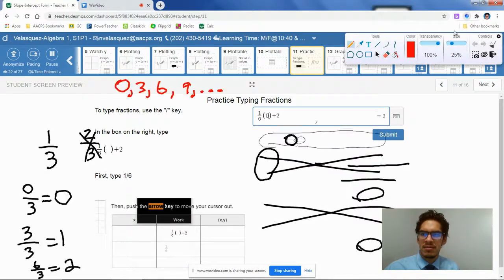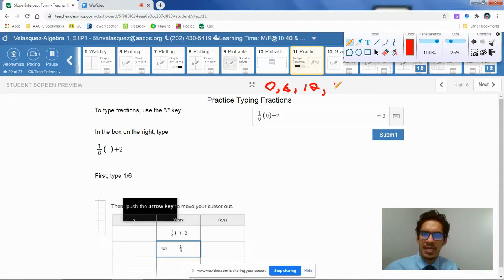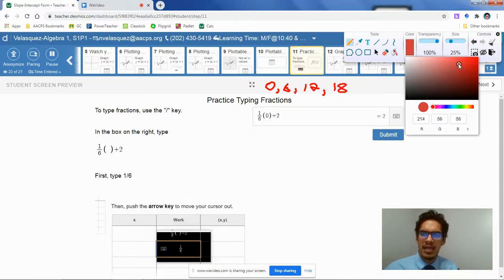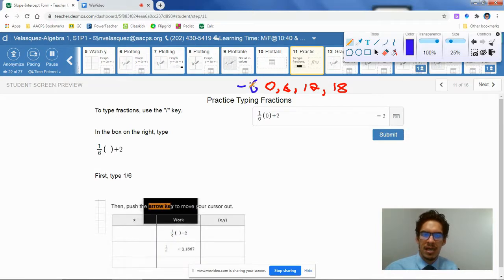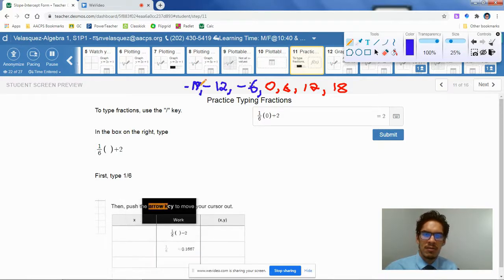Multiples of 6 are going to be my nice numbers. So 0, 6, 12, 18, all of these numbers are going to give me nice plottable points. And not just positive numbers. Negative numbers too are going to get me nice plottable points. -6, -12, -18, so on and so forth.